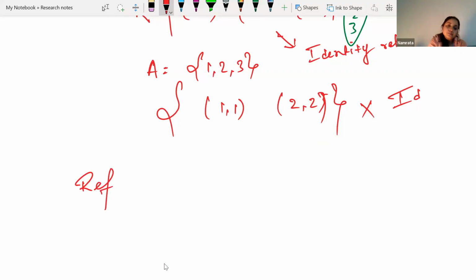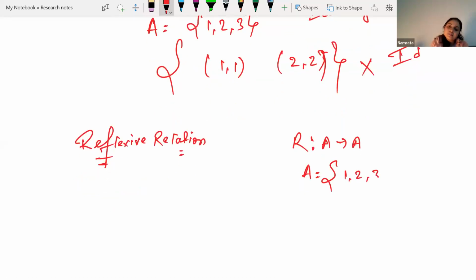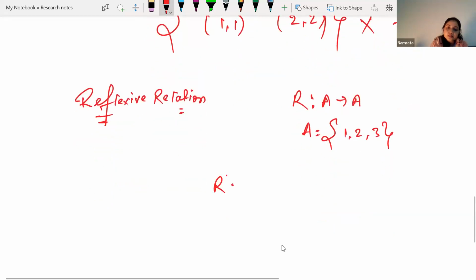So reflexive is, let's say the same example, a relation R defined on set A to A. The same example we can take, the elements of A are 1, 2, 3, and here if we have R which has 1, 1 and 2, 2 only.